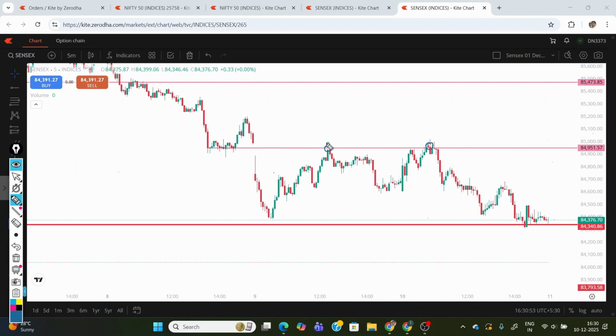This is yesterday's high. It got rejected here also, and then today also it got rejected. And we went below yesterday's low and almost closed near the lows of yesterday. So the same is the case for Nifty and for Sensex also.